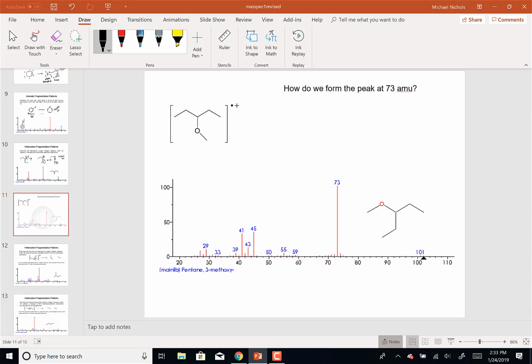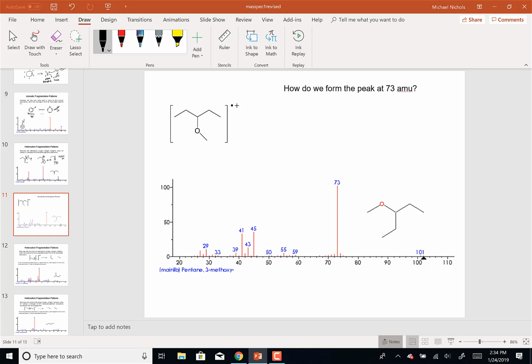Okay, let's see what's next. My guess is, it says at the top, how do we form the peak at 73? So you don't necessarily just have to have ketones to do alpha cleavage. You can have alpha cleavage off of an ether like this.